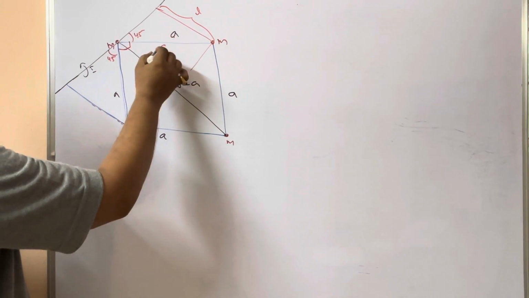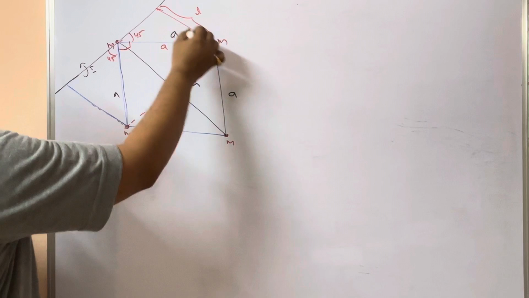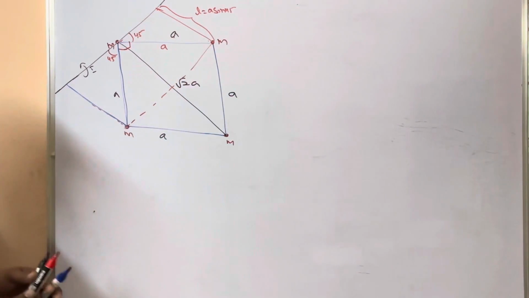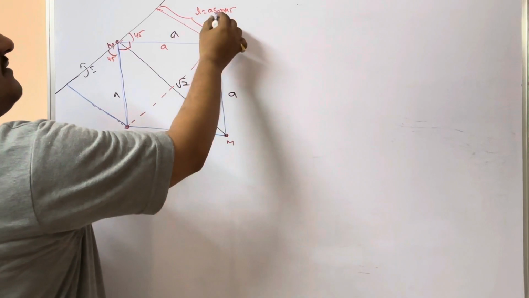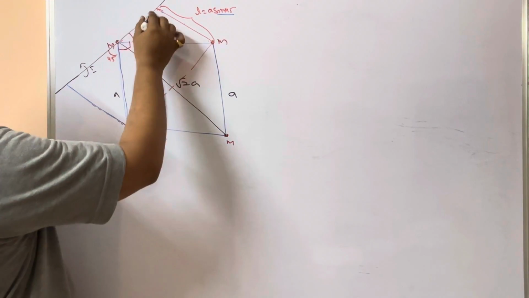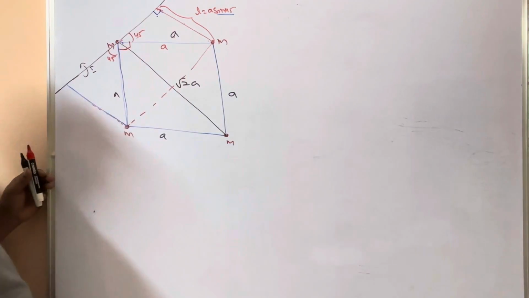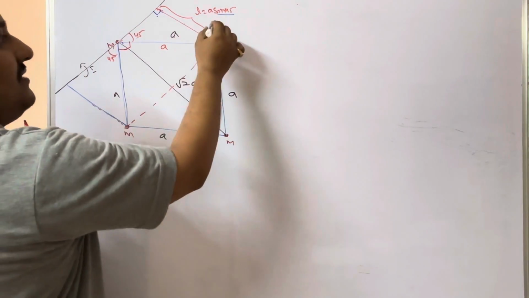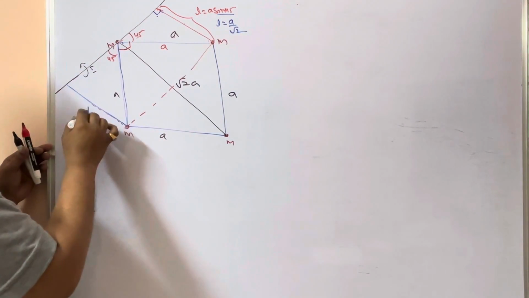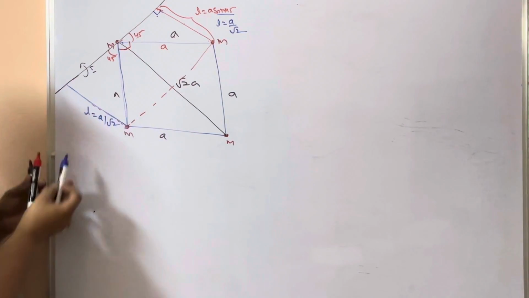So if it is a, this one will be a cos 45 and this one will be a sin 45. Correct? Because sin 45 is equal to opposite side by hypotenuse, and the hypotenuse is going to be this. So however you solve, you are going to get this distance as a by root 2. So, L is equal to a by root 2.